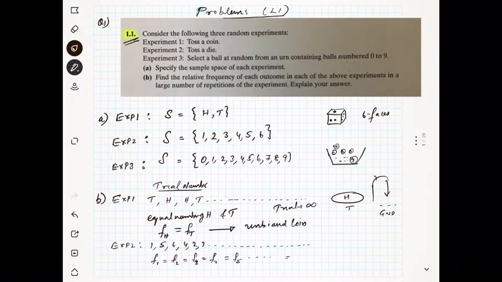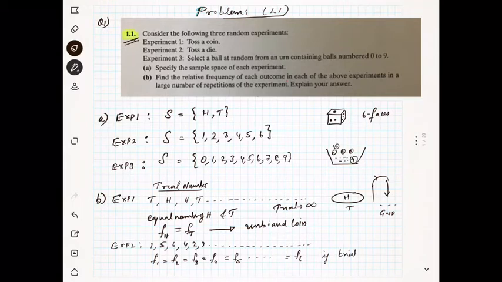Like this almost everything will be equal if the number of trials tends to infinity. So this is the situation. Similarly, for experiment 3, the frequency of 0 will be equal to the frequency of 1, equal to the frequency of 2. So what do you mean by the frequency?